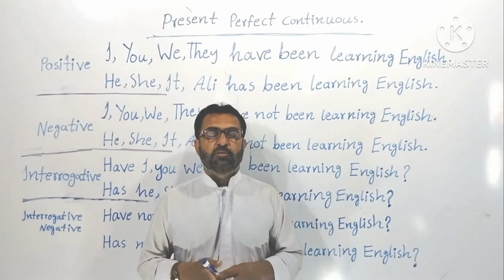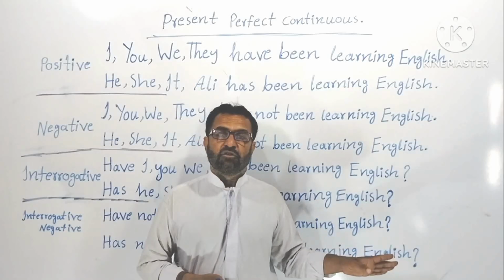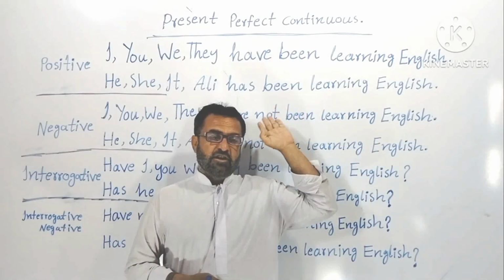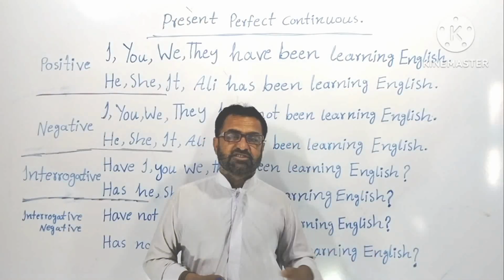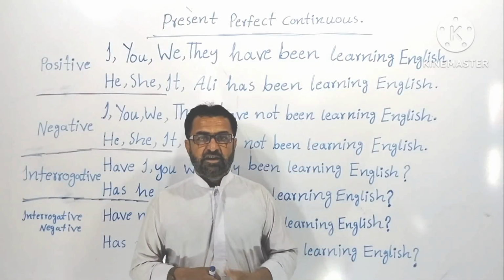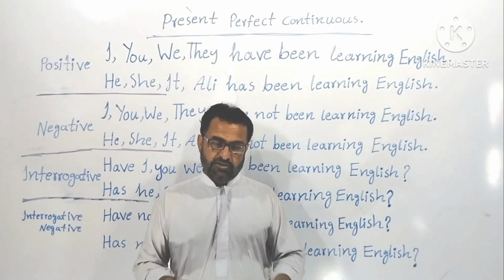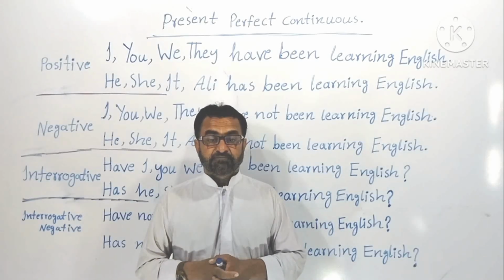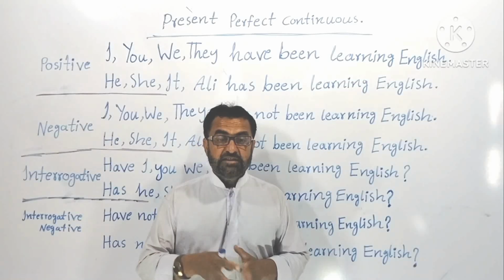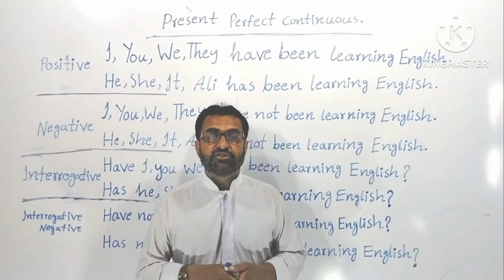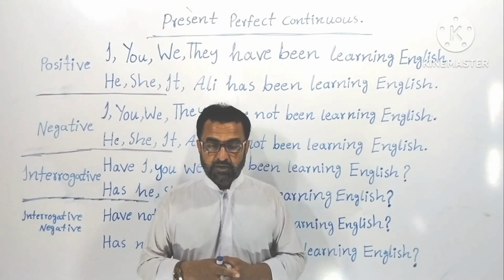So now let's talk a little bit about since and for, as I said in the beginning of the video that we would discuss them at the end of the lesson. So here it is, where we use since and where we use for.